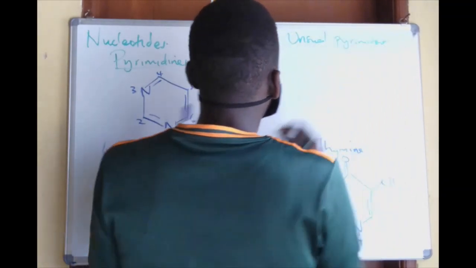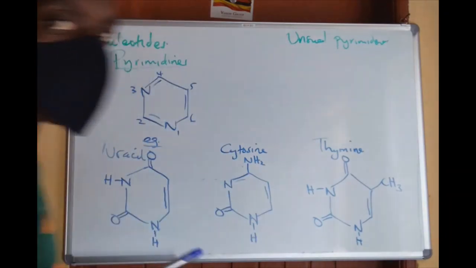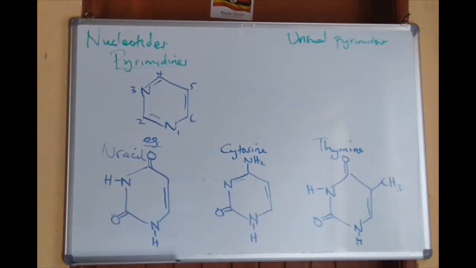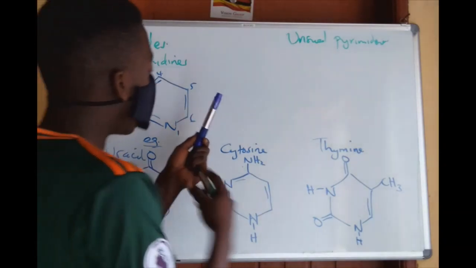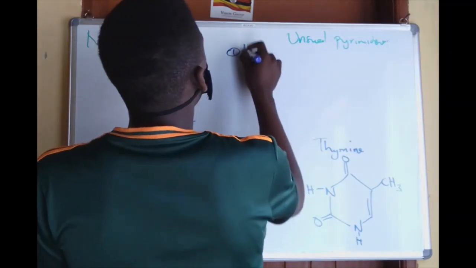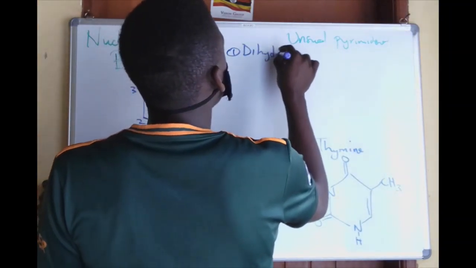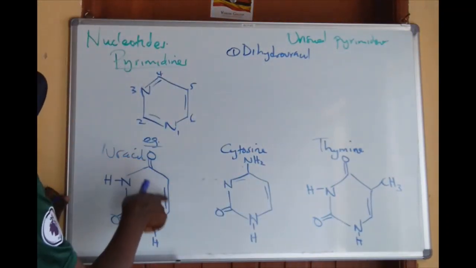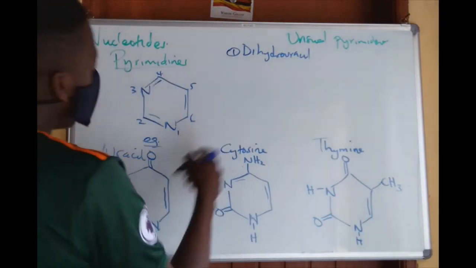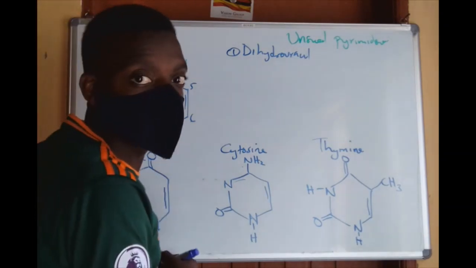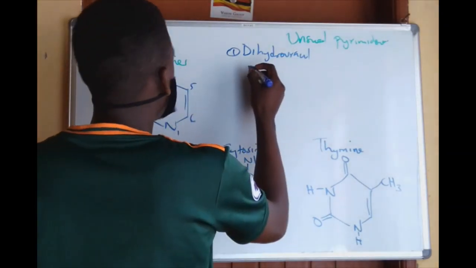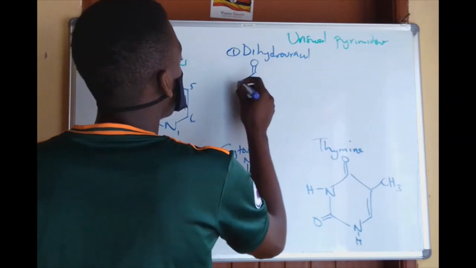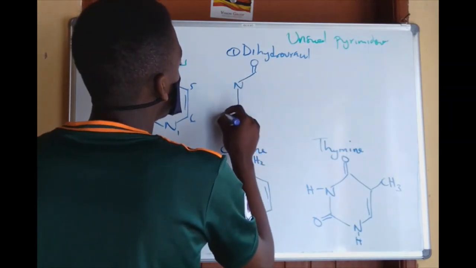For example, we can have N-acetylcytosine and dihydrouracil. If I call it dihydrouracil, you look at uracil, these parts will be replaced by hydrogen atoms.